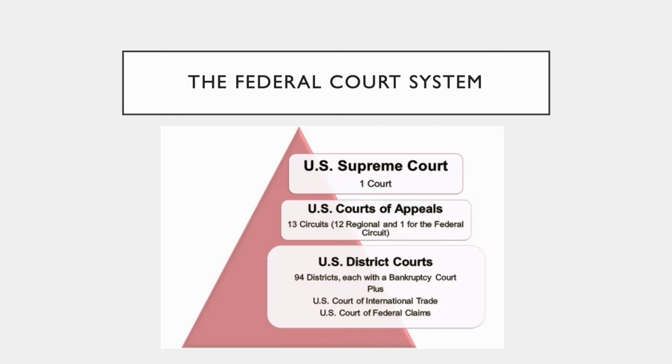The other 11 regions are all done by what are called circuits that are multiple states. We are in the 9th Circuit, along with Oregon, Washington, Hawaii, Alaska, and I want to say the last one are Nevada and Idaho, or maybe it's Nevada and Arizona. But anyways, it's a regional circuit. And then, of course, you have the Supreme Court.